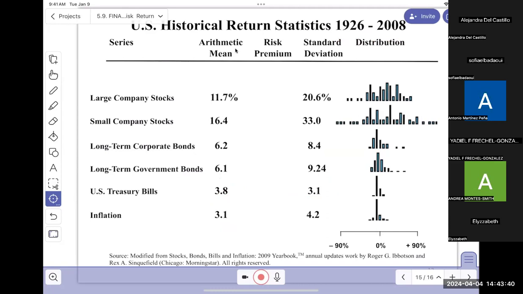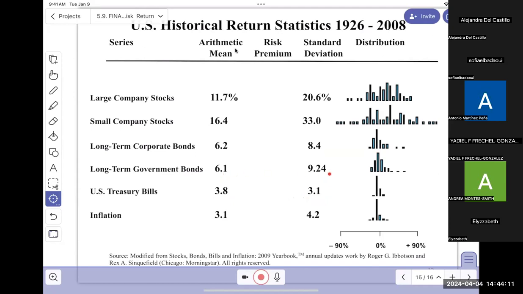So in order to have a store of value, in order to maintain your savings at a rate that's higher than the rising cost of things, or inflation, T-bills is a must, right? So T-bills should be held by investors, with a low risk as measured by the standard deviation.